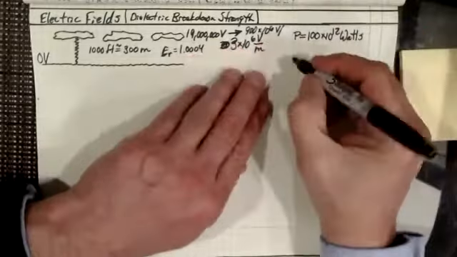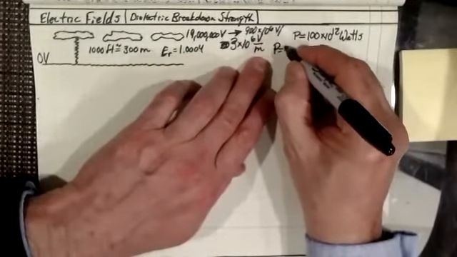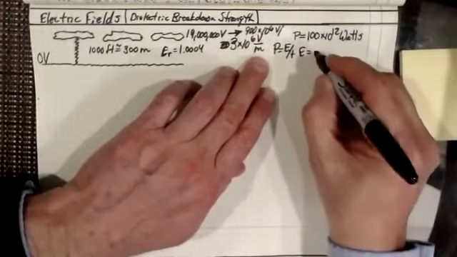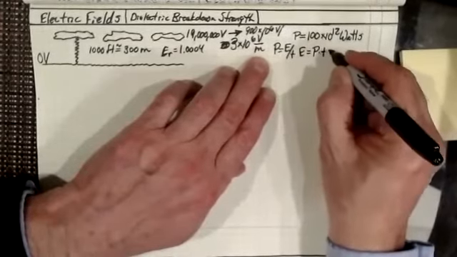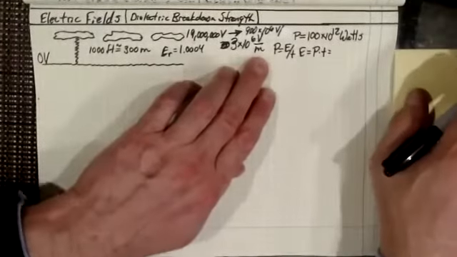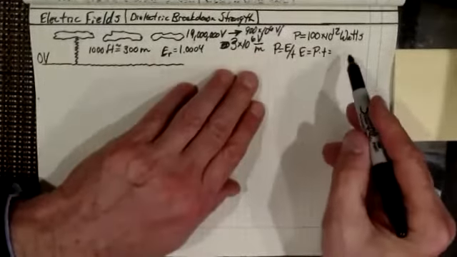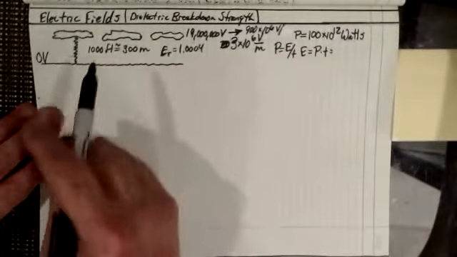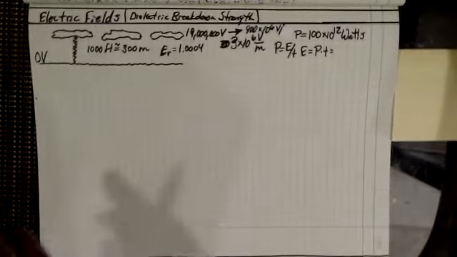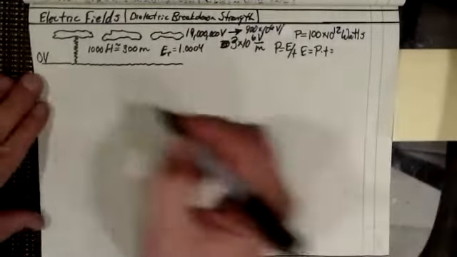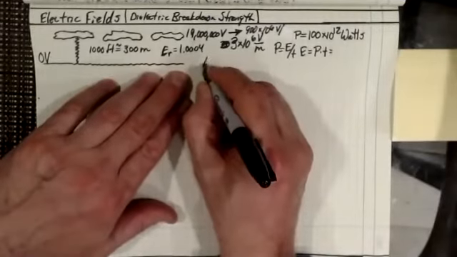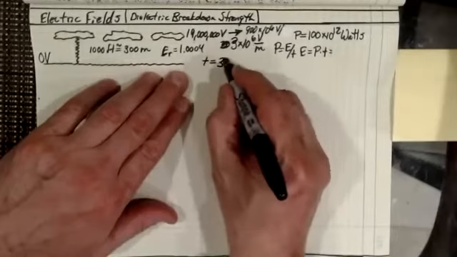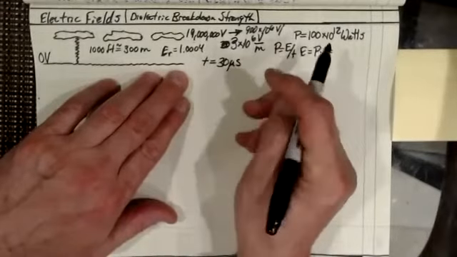Now we know that power equals energy divided by time. So energy is power times time, right? Well, what is the time for a lightning strike? Just a second, I'll write it right down here. Time for a lightning strike is 30 microseconds.